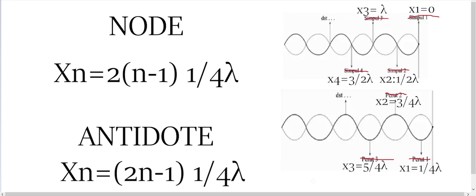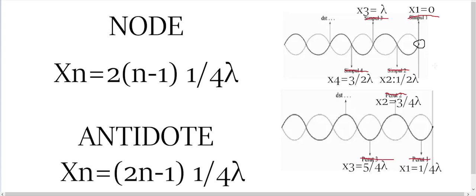As you can see from the arrow, the point is where the node is counted. From the start, we have the bound end, counted as the first node, and it equals 0. Then we continue to the other point, the second node.